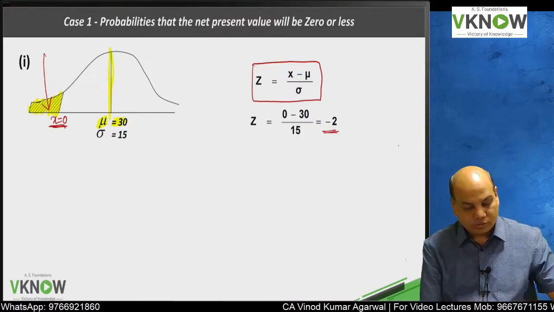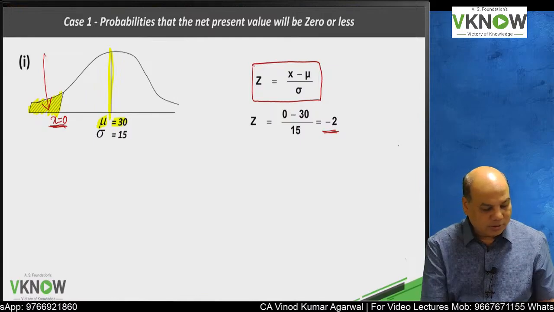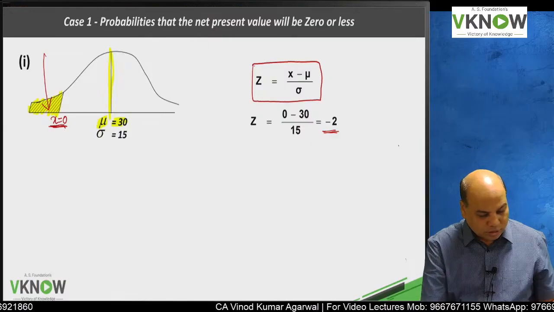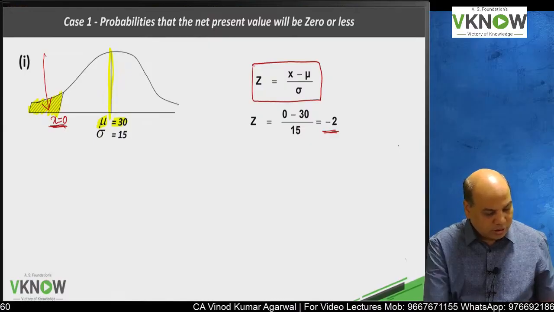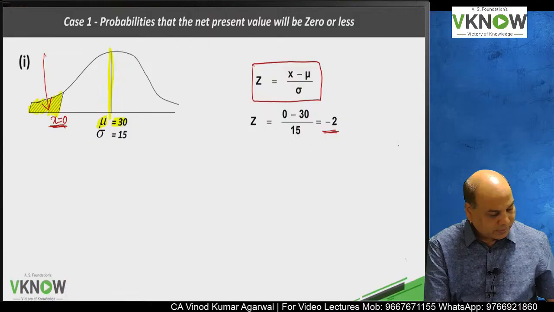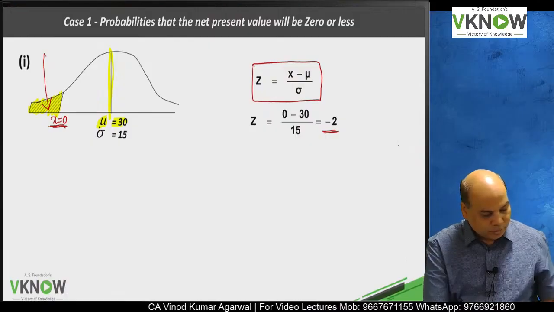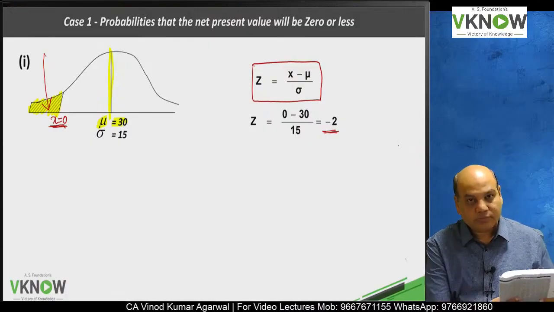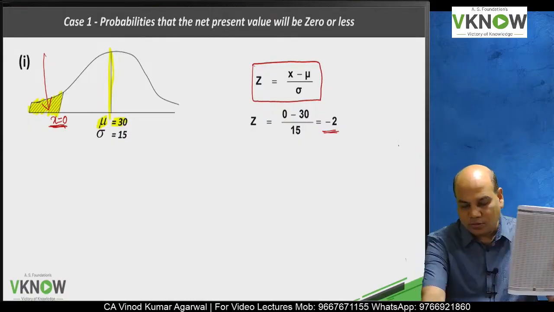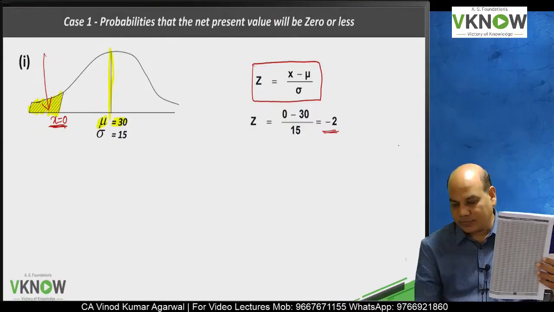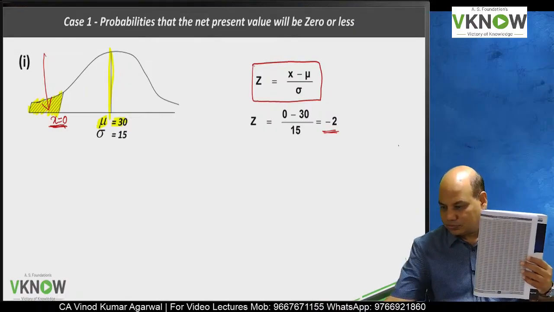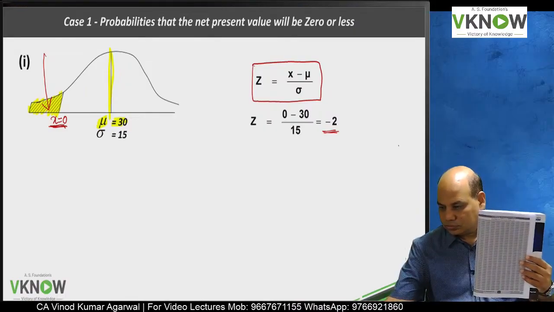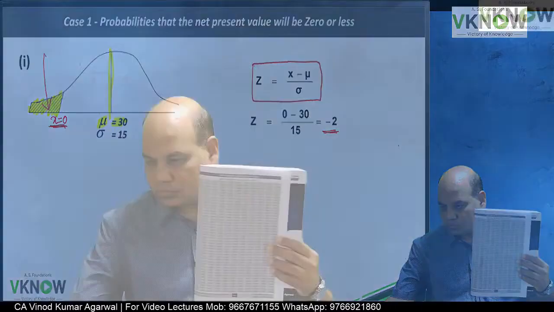Now you will come to the normal distribution table at the end of the book. At the end of our booklet we have a normal distribution table. You will find one normal distribution table like this. Can you see this normal distribution table?